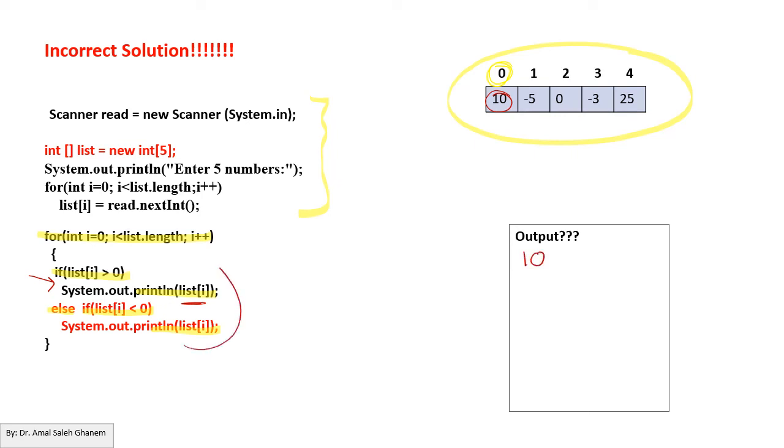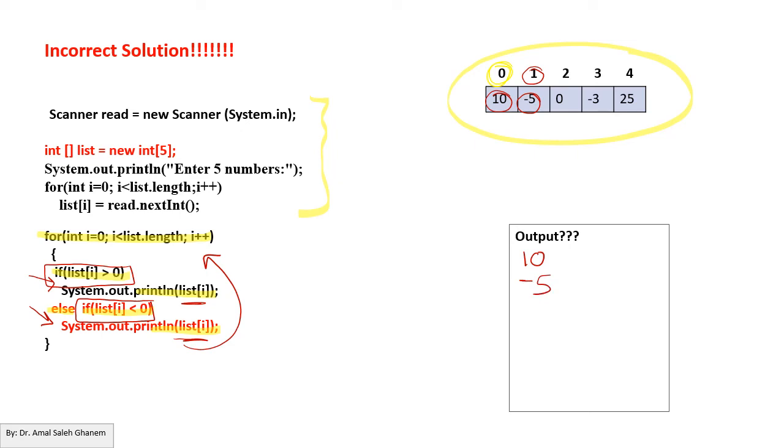Now I will go with the second iteration of my loop, so I'm at location 1, and I will check the element inside location 1, which is minus 5. So I will execute this if statement. Minus 5, is it greater than 0? It's not, which means you have to go to the else now. In the else, I'm saying minus 5, is it less than 0? Which is true. If it is less than 0, you have to do the output. So I'm saying go and do the output.